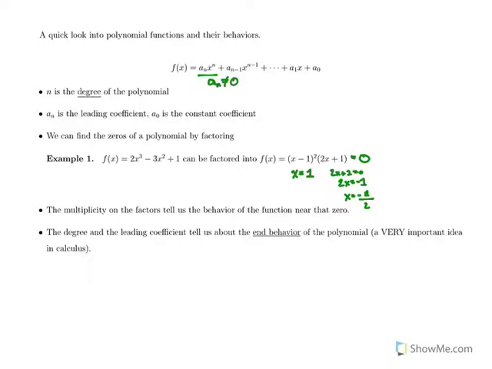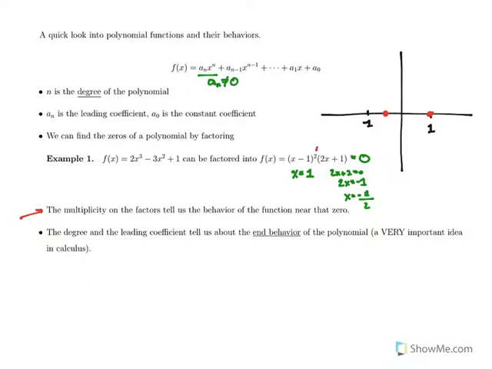And we can graph this polynomial pretty quickly just with that information and one more thing. So I'm going to graph, here's 1, here's -1, so here's -1/2. We know that we have a 0 at -1/2 and a 0 at 1. The multiplicity of the factors tells us the behavior of the function near the 0.